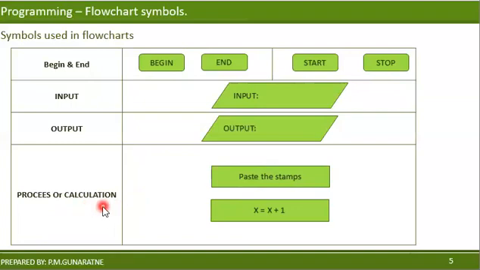Then if it is a calculation, you can still use this rectangle, not the curved one, this sharp rectangle, and you can write the mathematical equation that you are going to process. So for the process as well as calculations, you can use this rectangular symbol. In a word problem, you write it in words. If it is a mathematical calculation, you can write the equation required here.